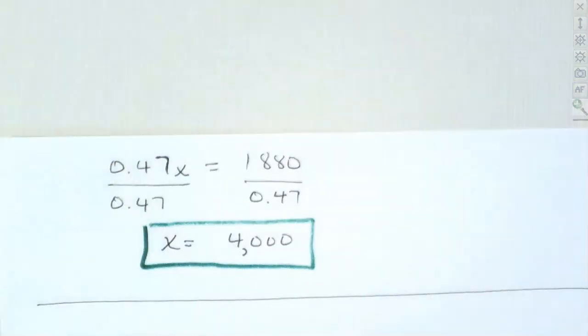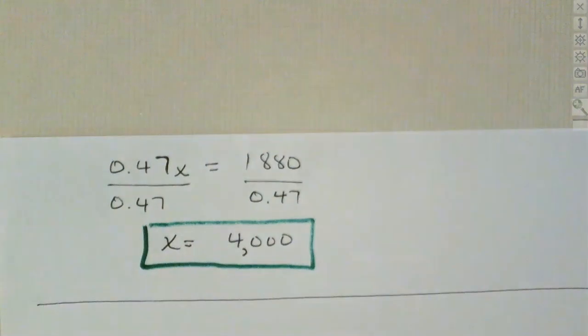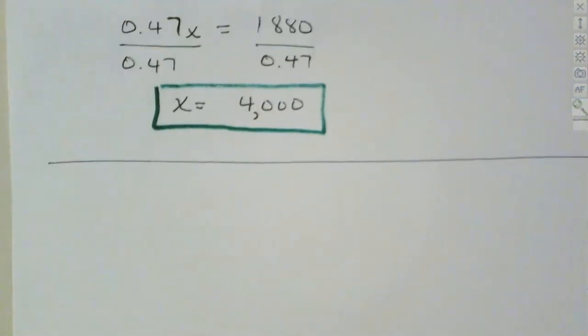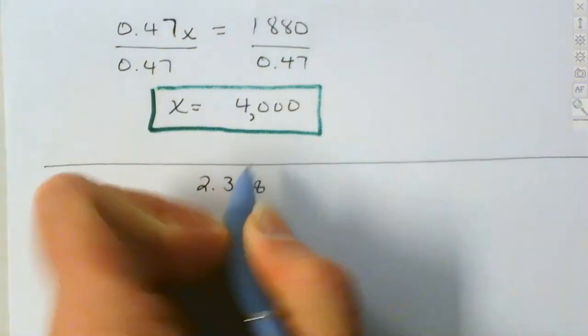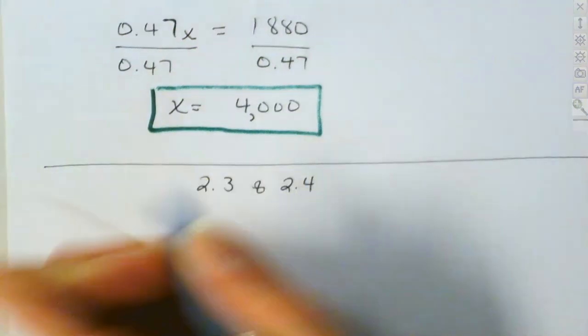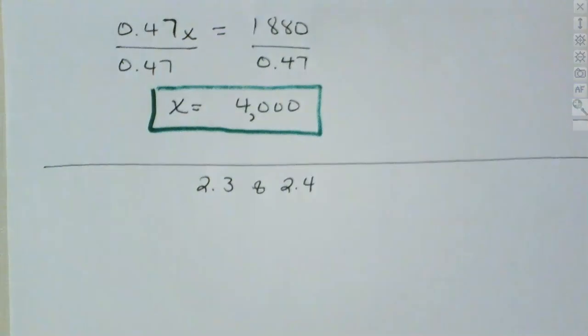Okay, so let's now go ahead and look at some more questions out of 2, 3, and 4. So 2.3 and 2.4. Those were, again, combined together. The textbook separates them out, but I combine them together. And we're going to look at question 3.